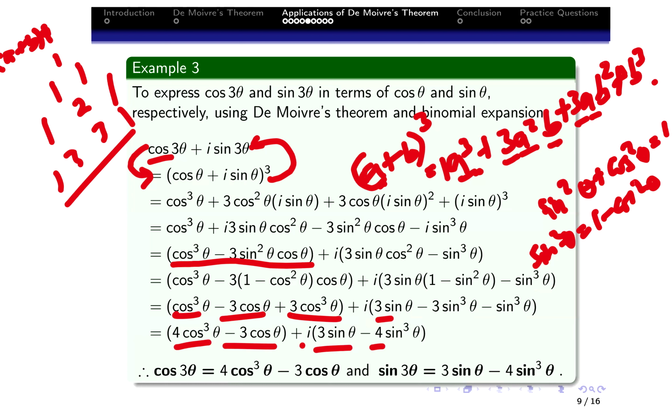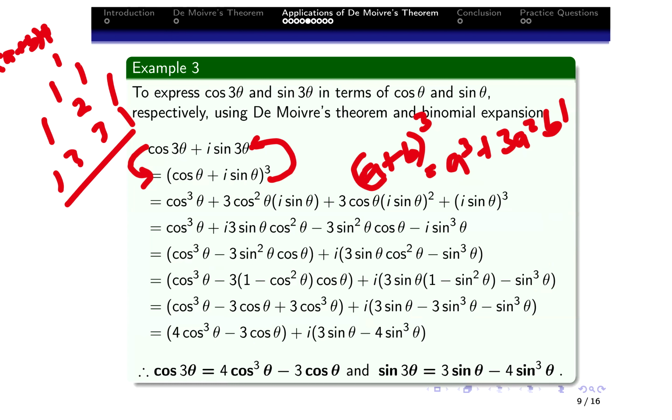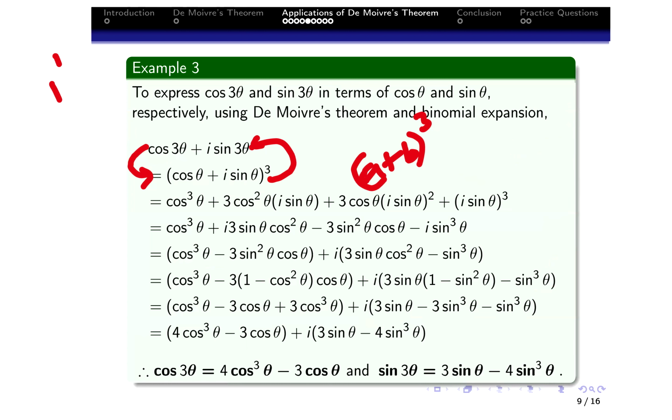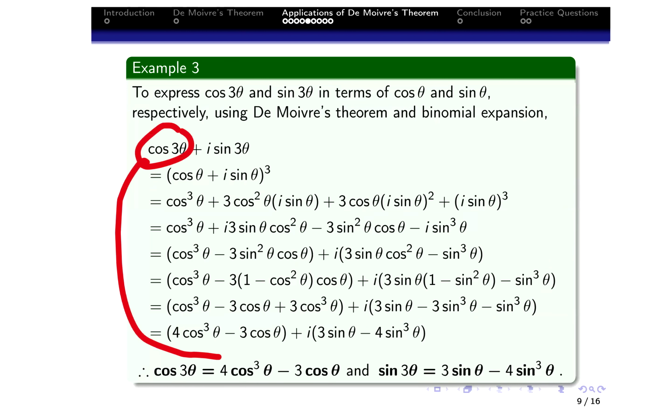So at this point now, you can conclude, it's all done. So you can see already that cos 3 theta is the same as this because it has no i. And then you can also see that i sin 3 theta is the same as this because they both have i.